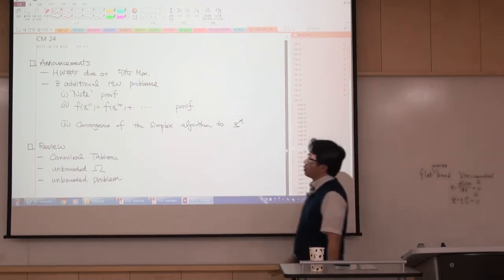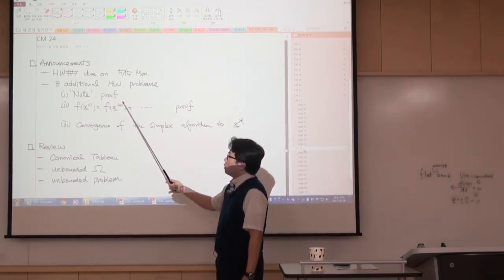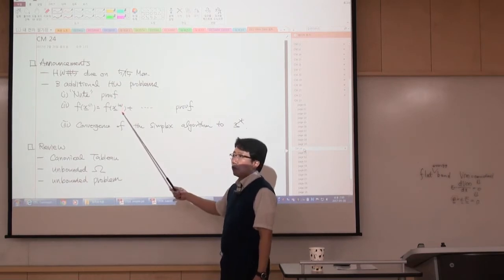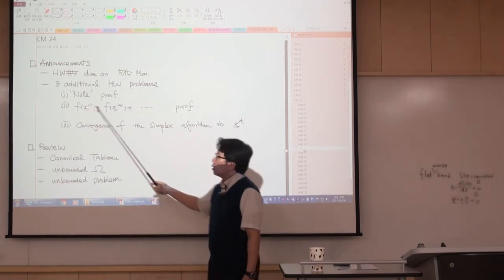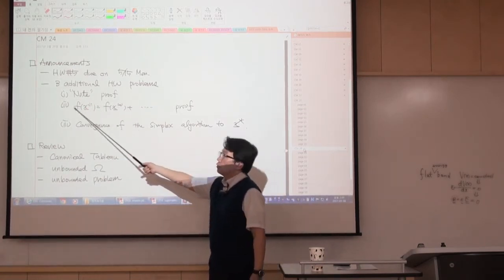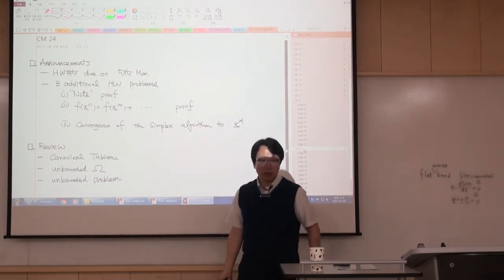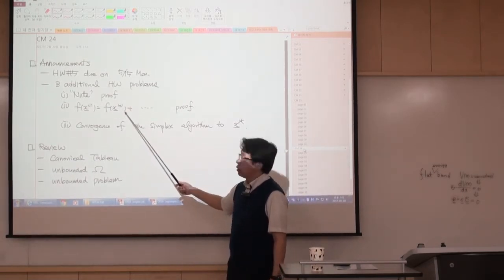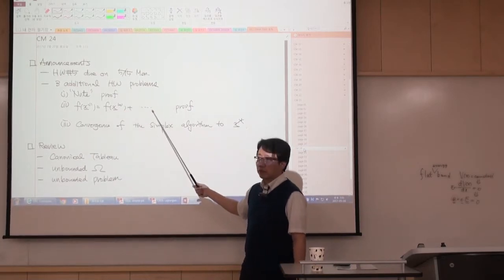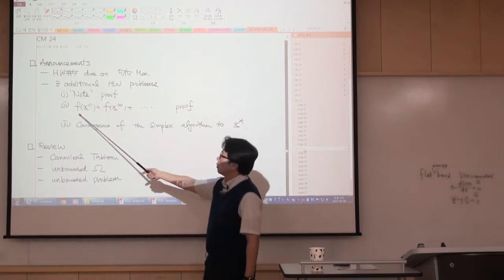The second one is this one. Given a basic feasible solution, if you want to move to an adjacent basic feasible solution, the objective function value can be written as the objective function value of the previous basic feasible solution plus a correction term. What you are going to prove is the formula.